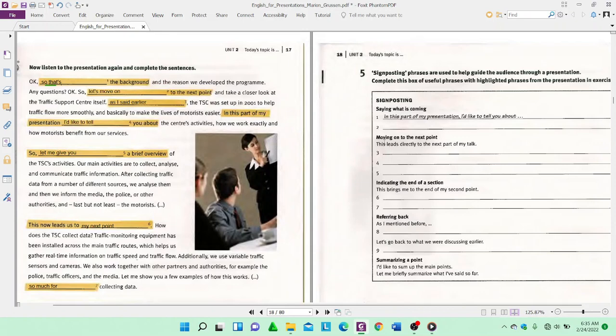Then for the second one, we do moving to the next point. When we are explaining in one of our slides, which is part of our main presentation, I believe it must consist of several points. Like you have, for example, one specific part, and in that part there are three points that you want to explain, right?